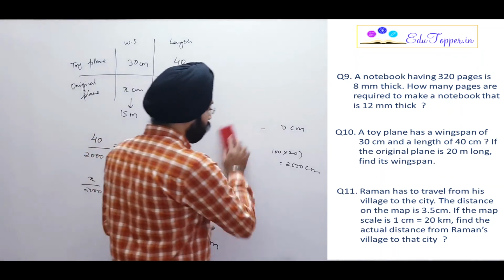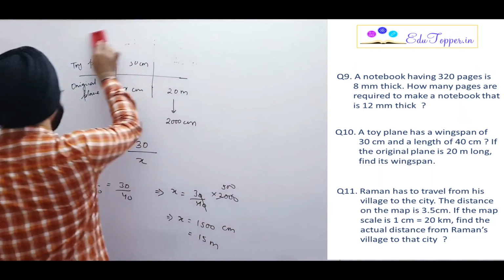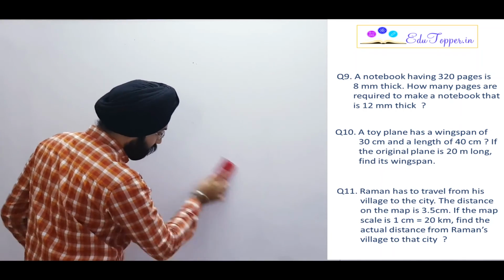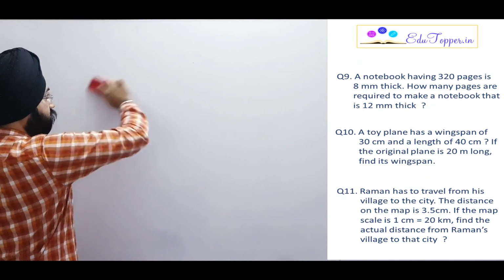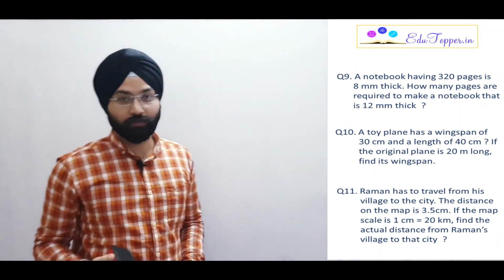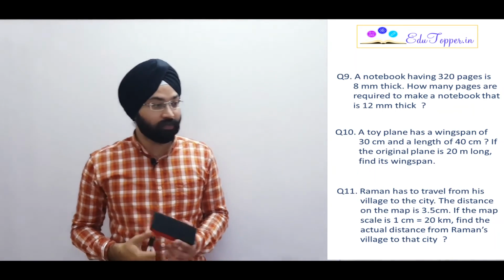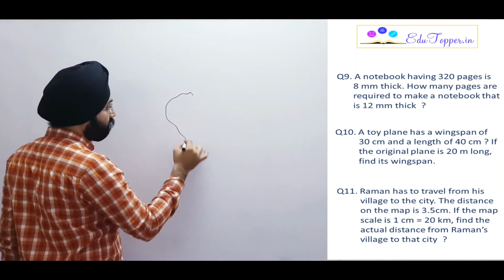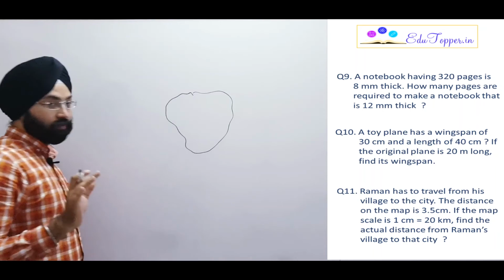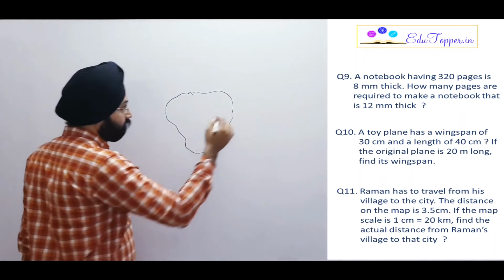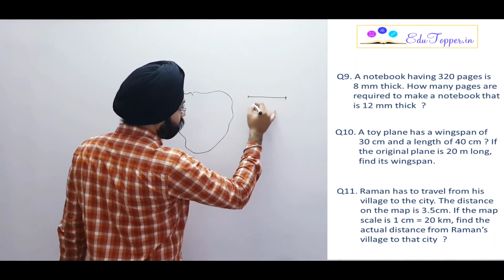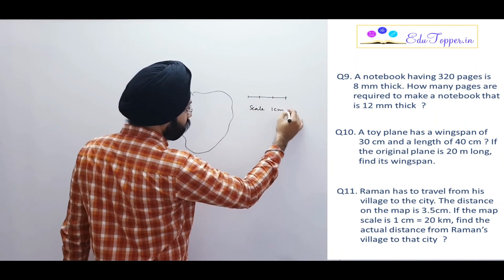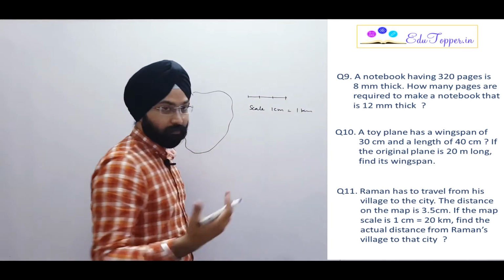All right. So for solving this question, you need to have some basic knowledge of geographical maps, right? You must have seen an atlas. Like suppose this is the map of some region. This is a map and the map says this scale, like 1 centimeter is equal to 1 kilometer or something like that.